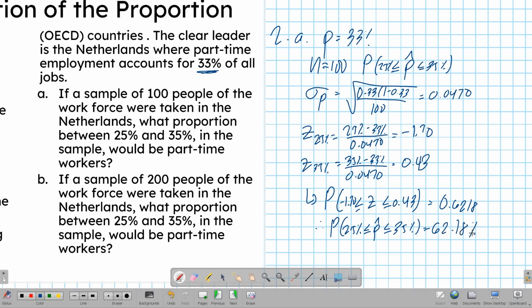So more or less, if a sample of 100 people were taken, there's a 62.18% chance, which is a good chance, that the proportion is between 25 to 35.